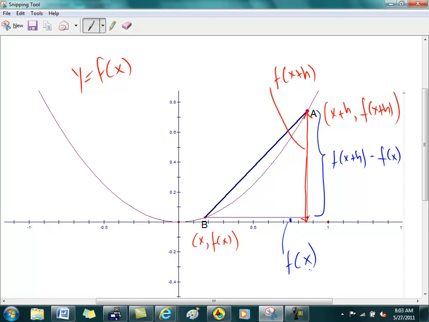It's like instead of doing it like this, I've turned it vertical. But the point I'm trying to make is that it's going to be a difference, 5 minus 3.